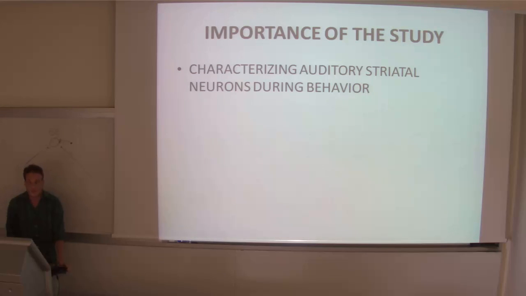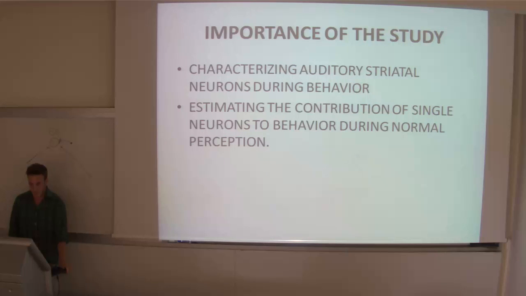According to the researchers, the importance of their study is, first of all, that they characterized auditory striatal neurons during behavior. Before that, they say it was done only using anesthetized animals or passively listening animals.